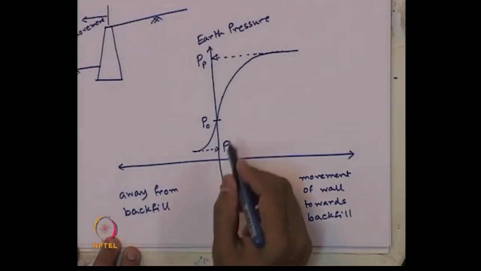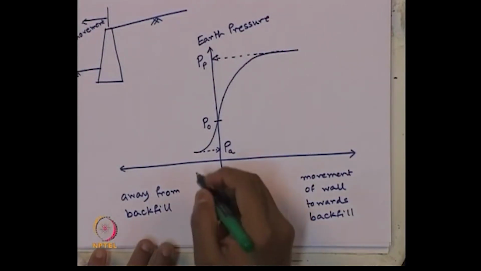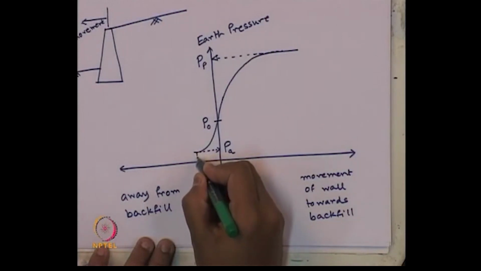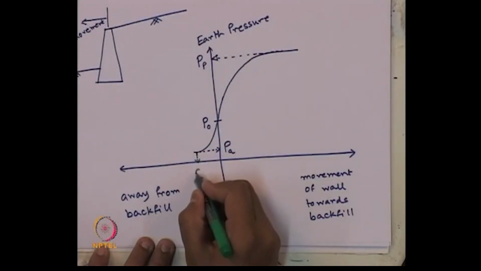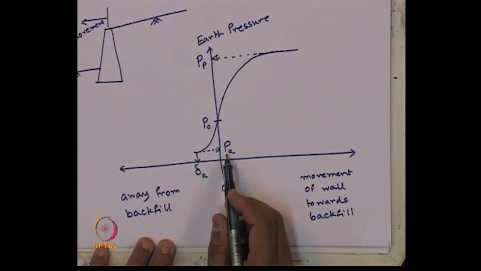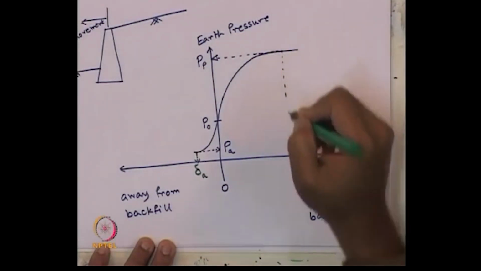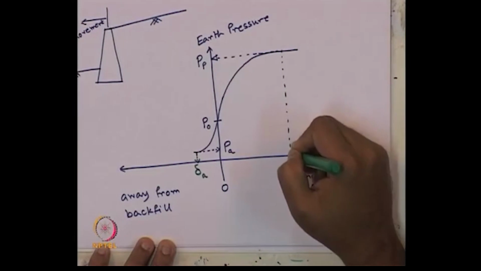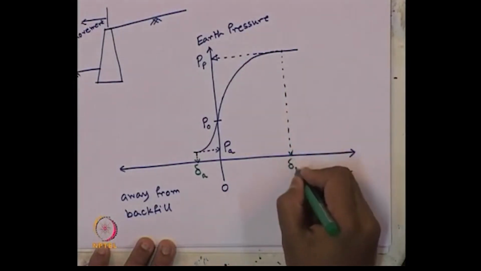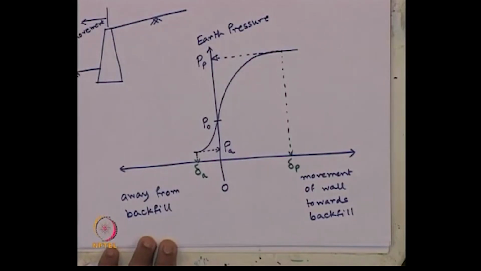For development of these magnitudes of earth pressure, as you see, some amount of displacement is required. Here we need this much amount of displacement, delta A, to have the full value of active earth pressure. For passive, we also need a certain amount of displacement, delta P, to have the full value of passive earth pressure.